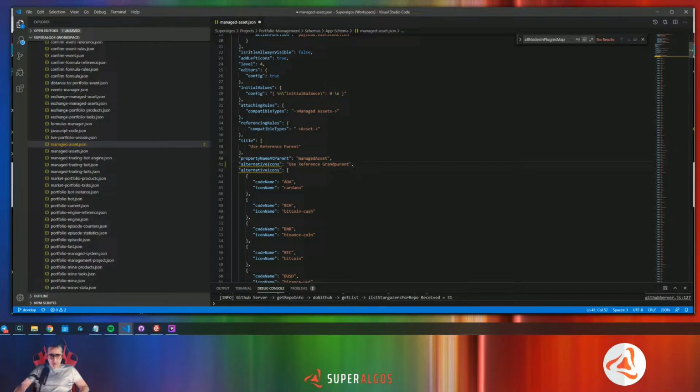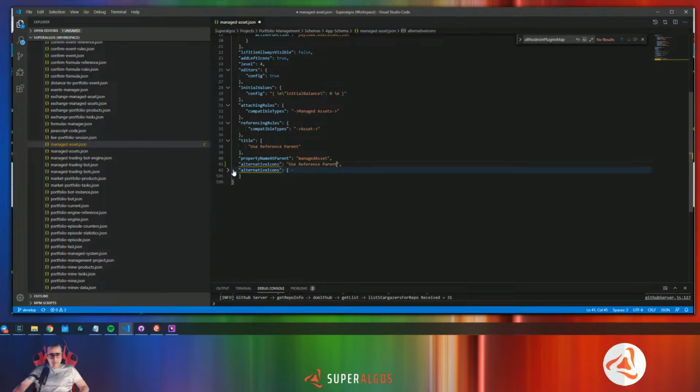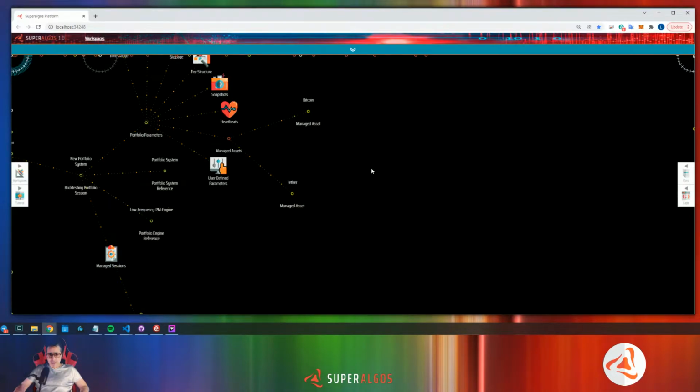The correct way is use referent parent. It was a good try, but this doesn't go there. So manage asset should be like that.